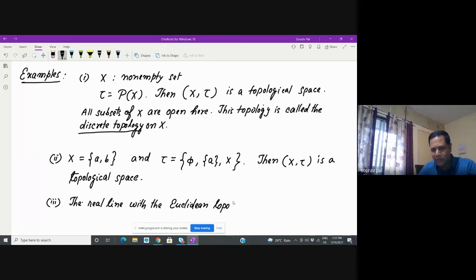Whatever we have learned in real analysis, that is what is called the Euclidean topology. So the open intervals are open sets there. We shall see that anyway.